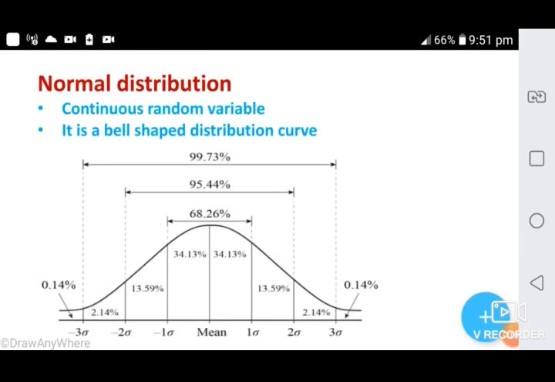Normal distribution is a theoretical distribution for a continuous random variable. Example: height, weight and intelligence of a group of students. The normal distribution is a continuous probability distribution that is symmetrical on both sides of the mean.